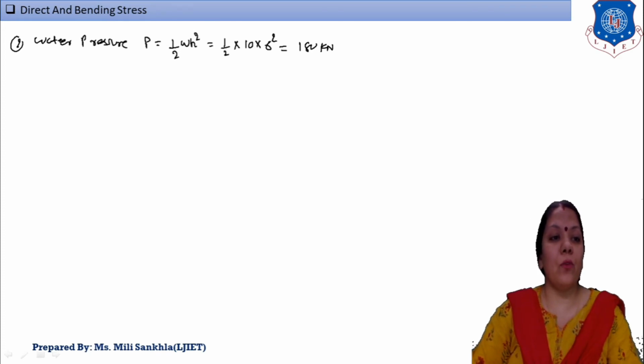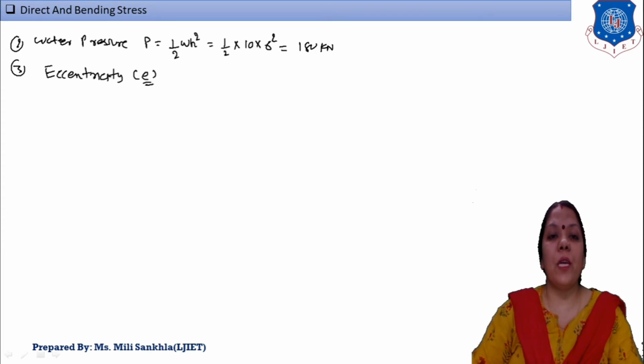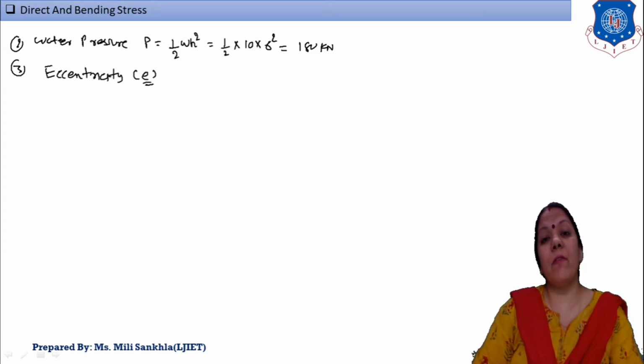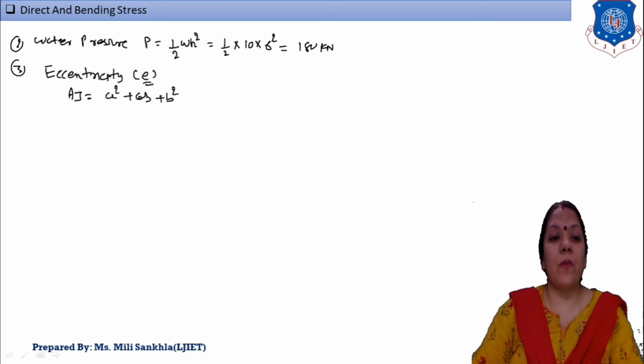Now third we find out eccentricity. Write down eccentricity. The notation of eccentricity is E. For eccentricity first we find out AJ. AJ is equal to (A square plus AB plus B square) divided by 3 (A plus B).